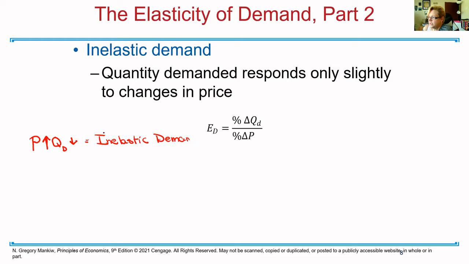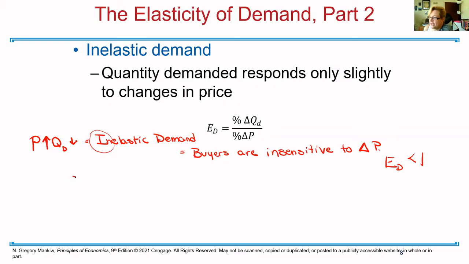I like to look at this portion right here, and then I would say that buyers are insensitive to price changes. When we calculate this, we'll get an elasticity of demand which is less than 1.